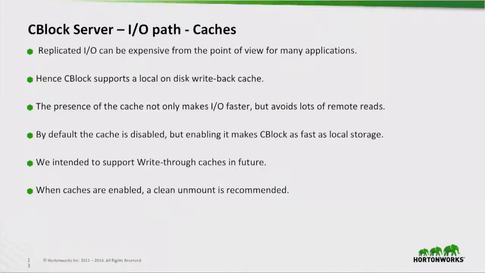We get faster write performance, with a trade-off of some consistency because there may be read requests toward that. For some of those workloads, we can either disable the cache, or we intend to support some read-through cache in the future.